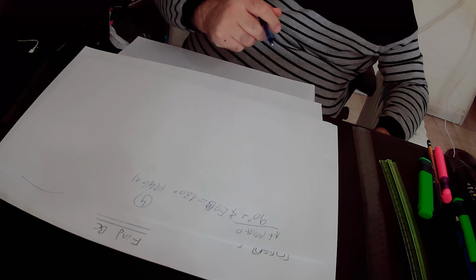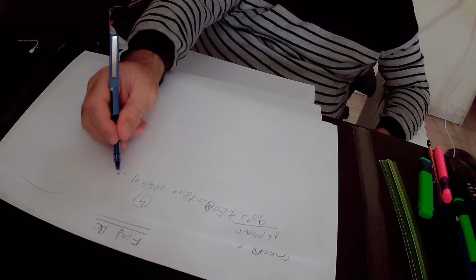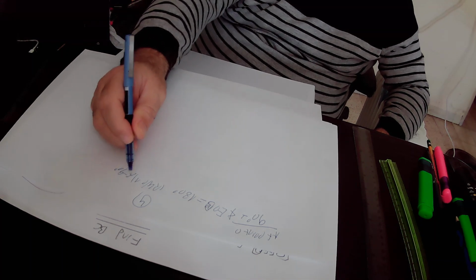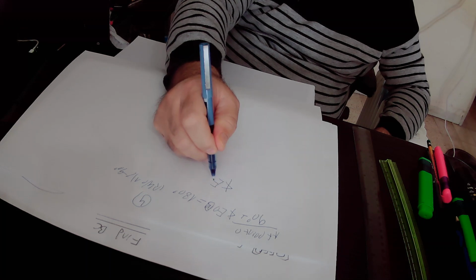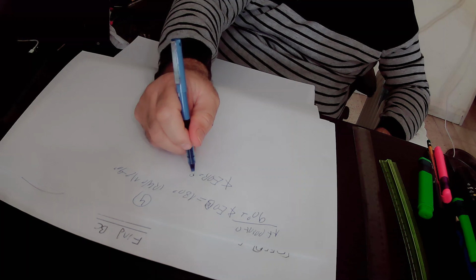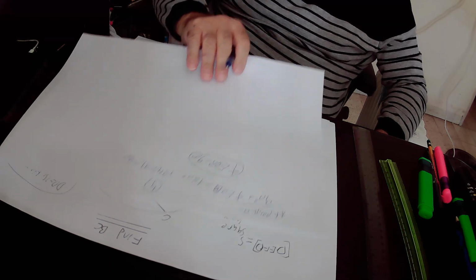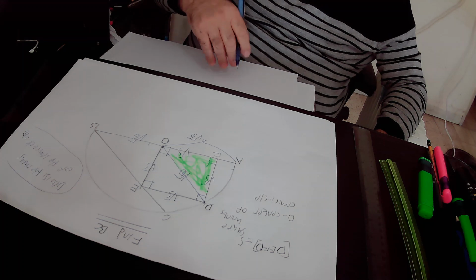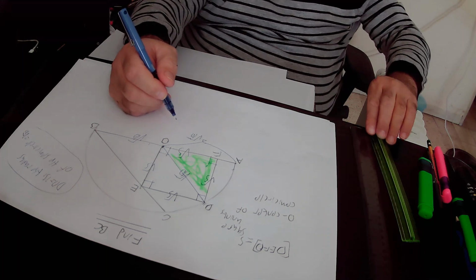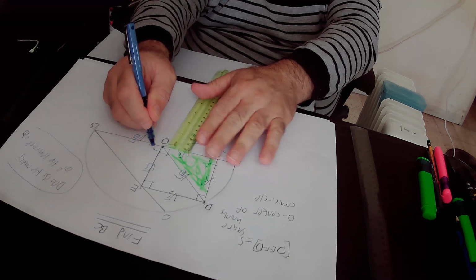That is to say, 90 degrees plus angle EOB must be equal to 180 degrees. We subtract 90 degrees from this equation and get that the missing angle EOB equals 180 degrees minus 90 degrees, which is 90 degrees. Angle EOB is a right angle.